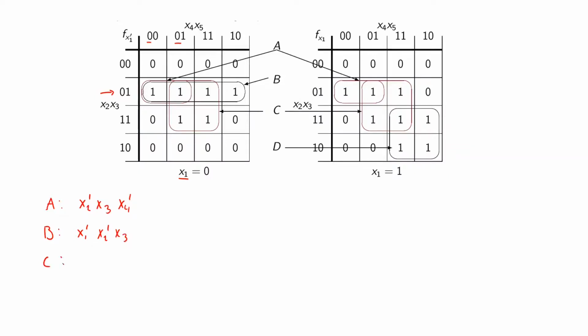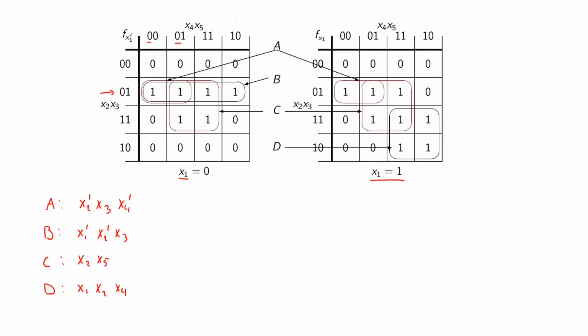Continuing, we have C, which again covers both our Karnaugh maps. So here we have x2 x5. And then finally our prime implicant D, which only covers the rightmost Karnaugh map. Here we have x1, because x1 must be a 1 in this Karnaugh map, and then we have x2 and x4.